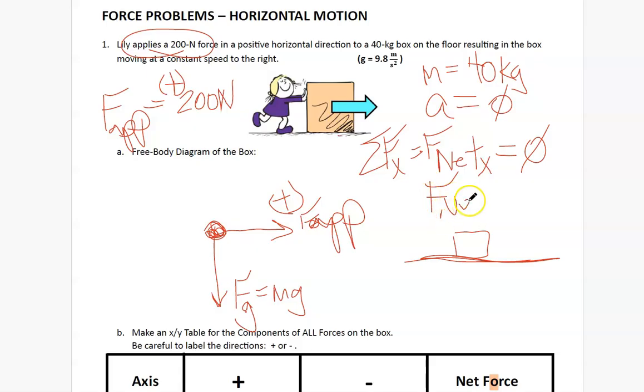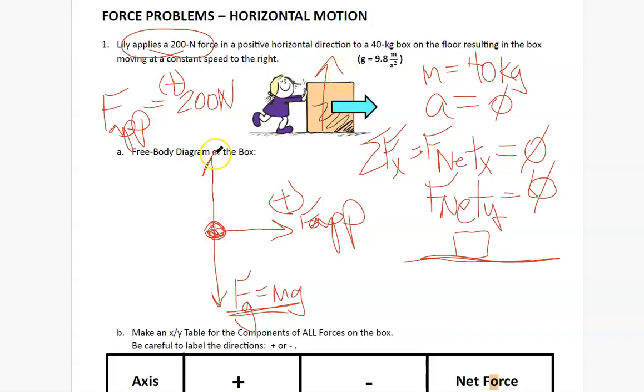How do we know that? Because it's not moving in the vertical direction at all, and therefore it's not accelerating in the vertical direction. And if it's not accelerating in the vertical direction, the net force in the vertical direction is also 0. So we know that this force must be balanced by some other force. Well, the force that it's balanced by is from the floor up.